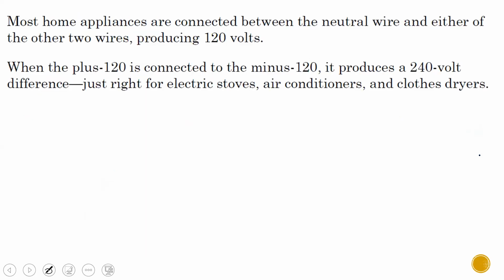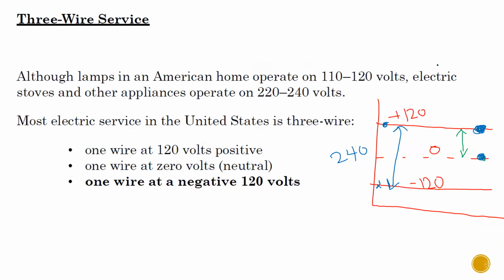And the others are connected between negative 120 and positive 120, which produces 240. They are used in air conditioners, clothes dryers, electric stoves and so on. So as we said, in America we have 110, in Britain we have 240.